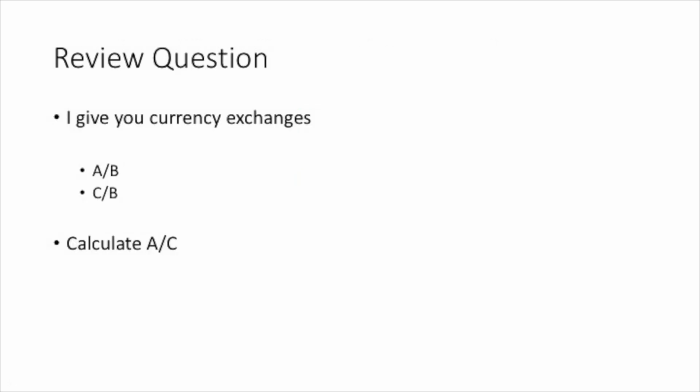For review, know the two rules, the reciprocity rule and the arbitrage condition. So I'll guarantee you I'll give you currency rates AB, CB, and you calculate AC. I'll also ask you about strengthening and weakening of the currency relative to one another and what that will do to imports and exports.